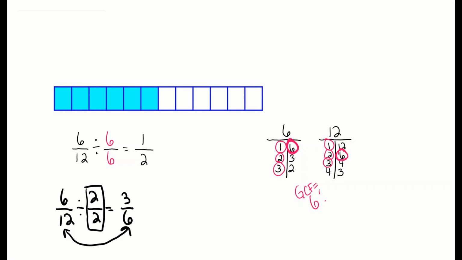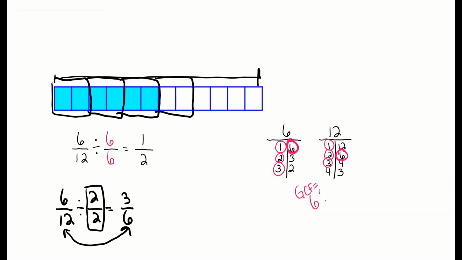Let's see if I can divide or split up the whole now into 6 parts. Aha, and it does look like 3/6 is equivalent to 6/12.